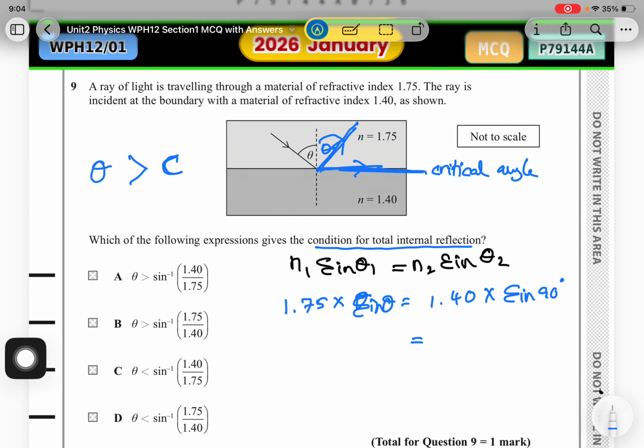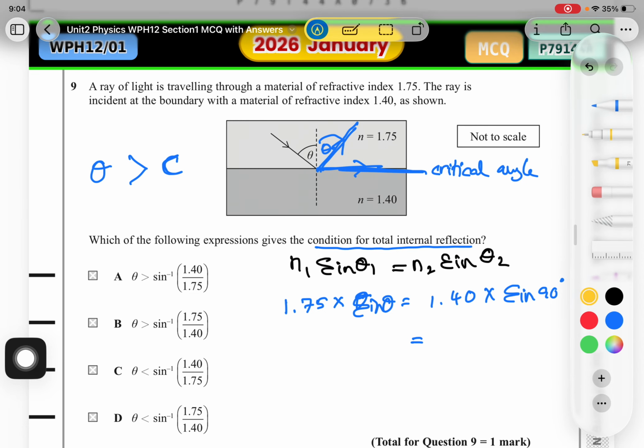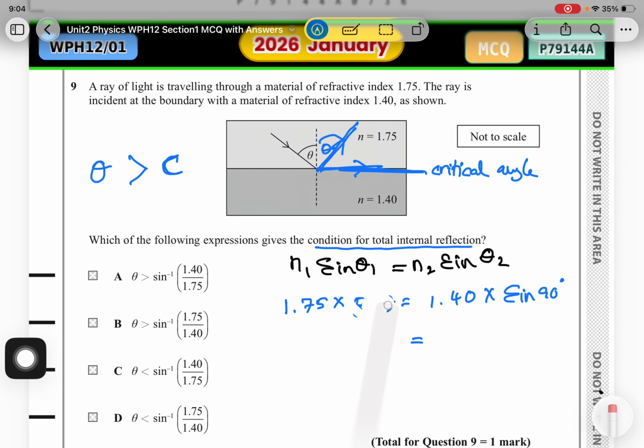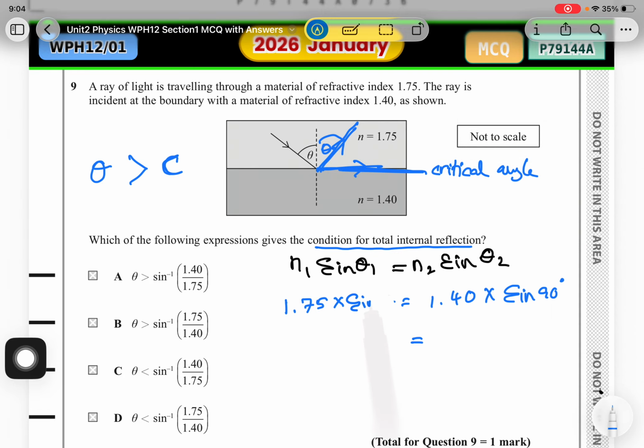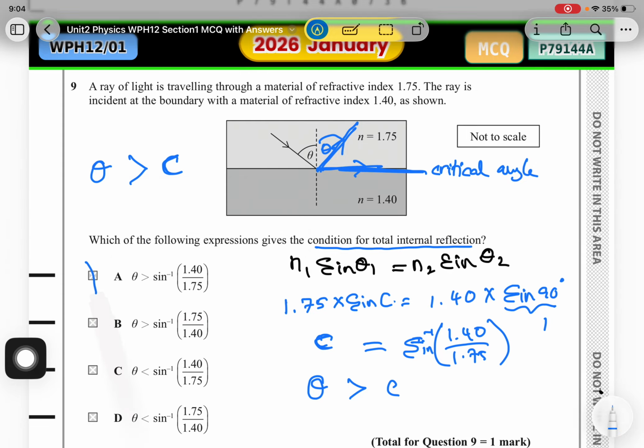Considering now the theta angle, to be more clear, let me put it as sine C. So sine C would be 1.40 divided by 1.75, and sine inverse of that is the critical angle. So the requirement is theta being greater than C. So theta being greater than this one, the answer is 1.